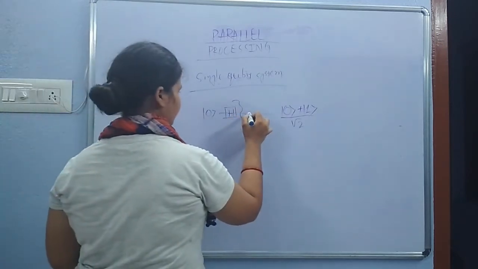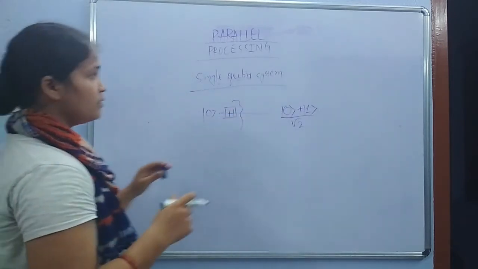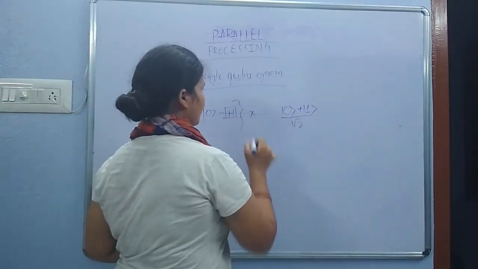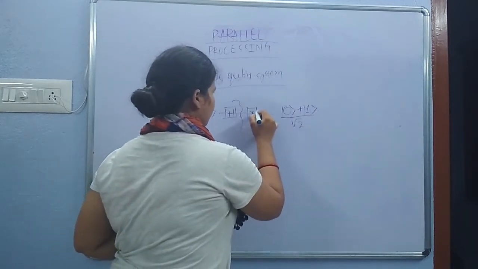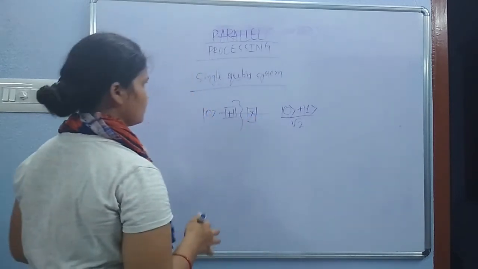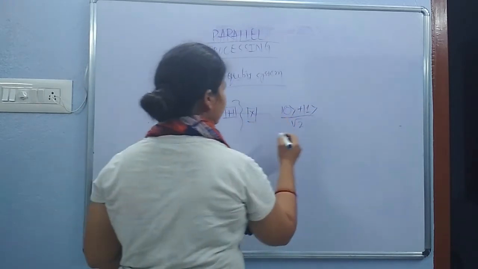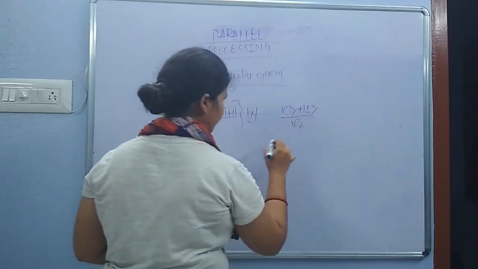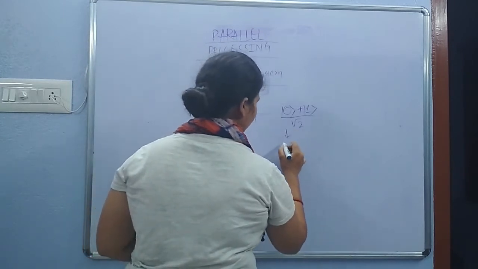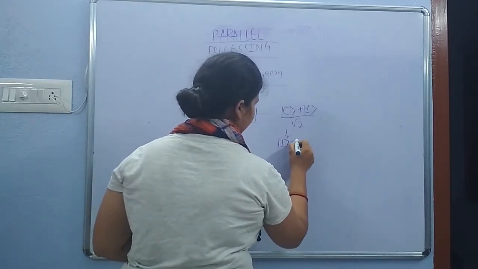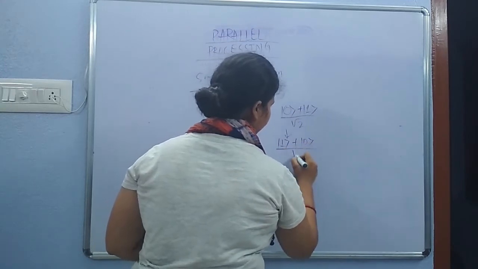Next, we are taking a parallel processor X, and this changes 0 plus 1 divided by root 2 to 1 plus 0 divided by root 2.